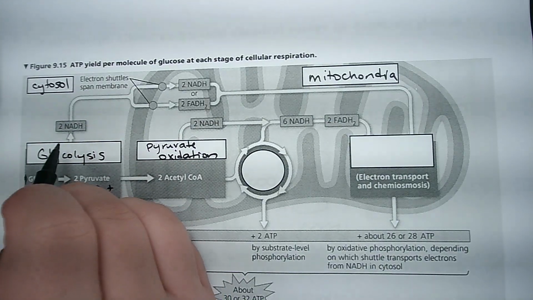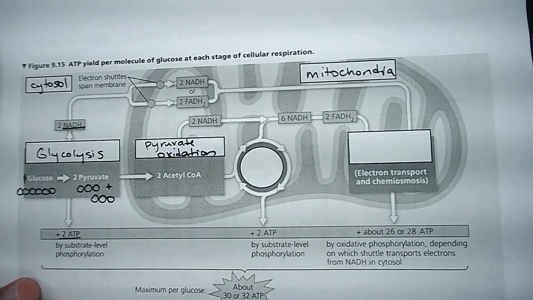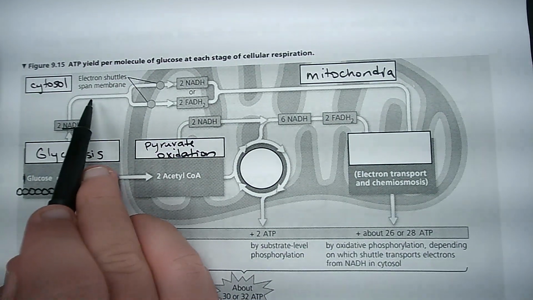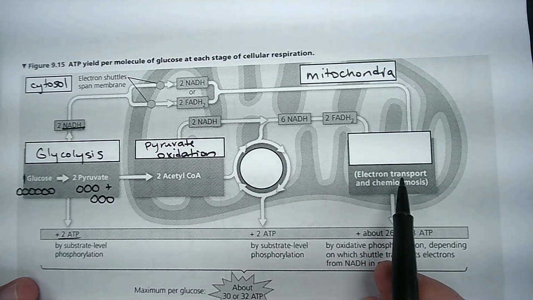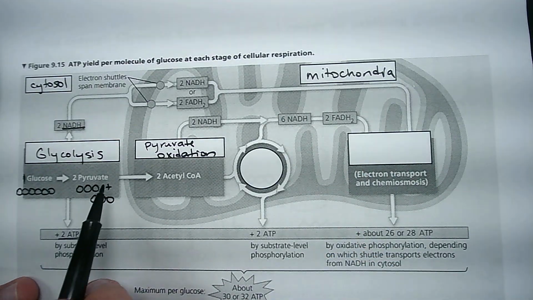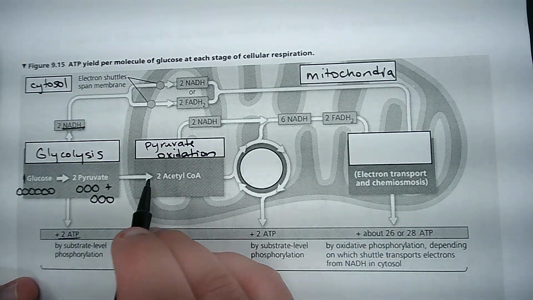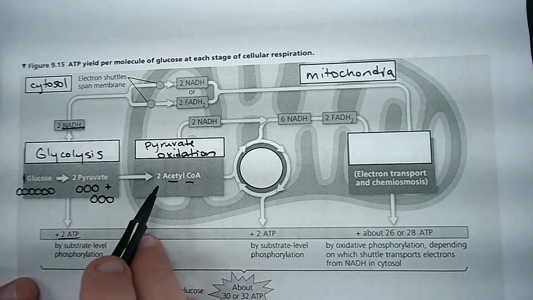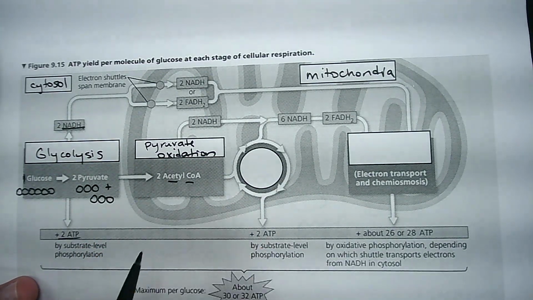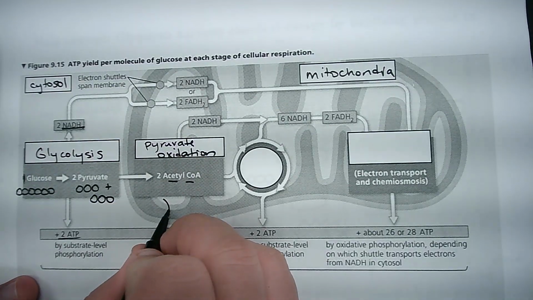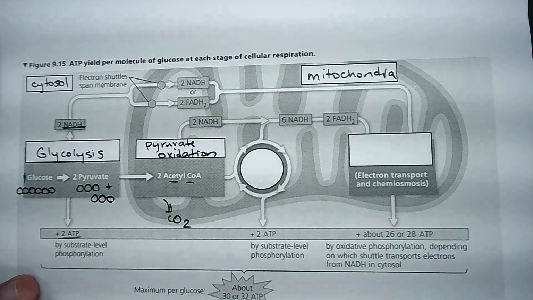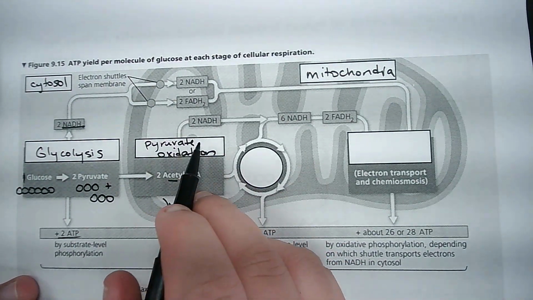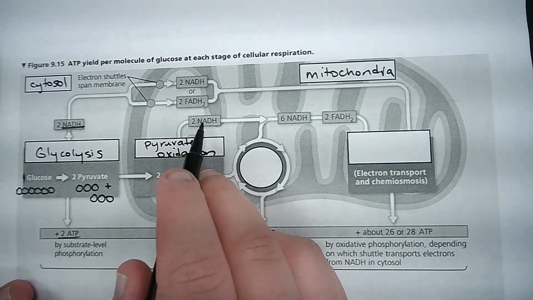By the way, noticing glycolysis, NADH is also produced, and this is going to travel all the way to a later endpoint in the mitochondria. Pyruvate oxidation takes the pyruvate and turns it into something called acetyl-CoA. That process generates CO2, and it also generates some NADH, which carries electrons.